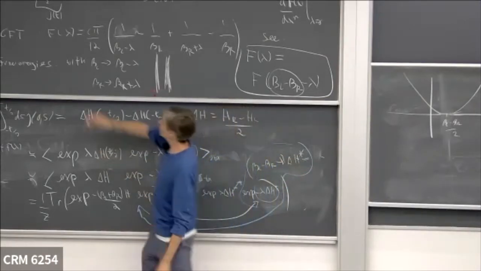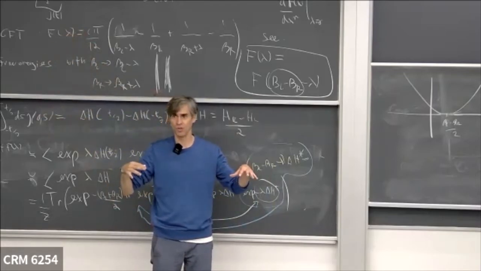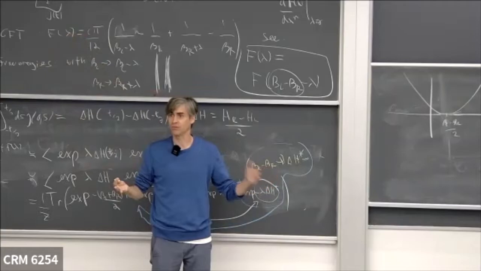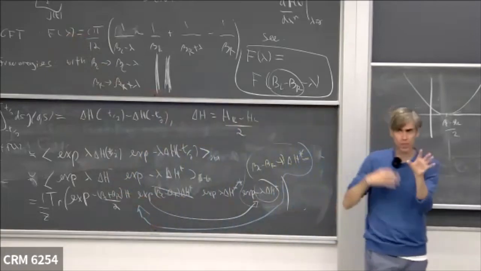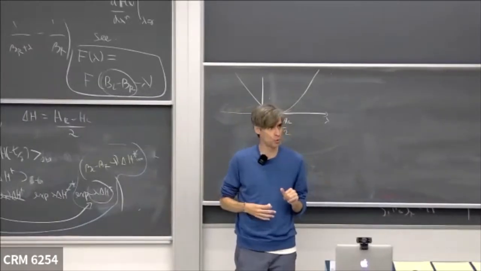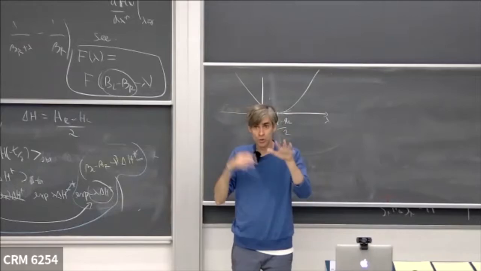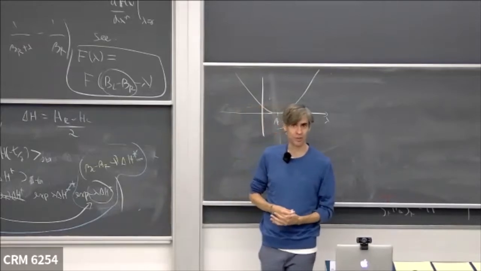So inserting this exponential of J is like changing the weight of your measure. Your measure is exponential of minus beta h, but then you change the weight to beta h plus lambda times the integral of J. The initial measure has a current, but with that new weight, with the right lambda, it has no current anymore.